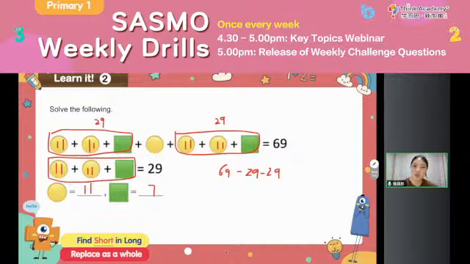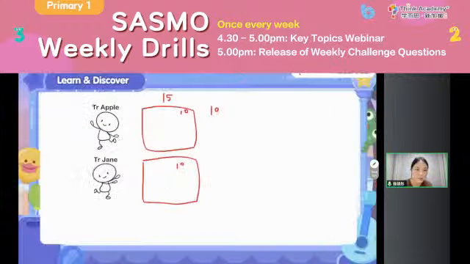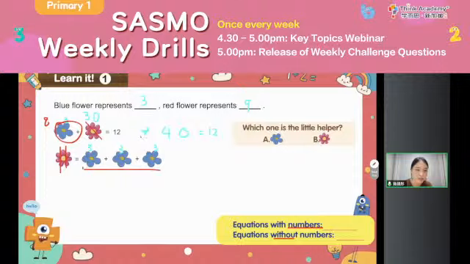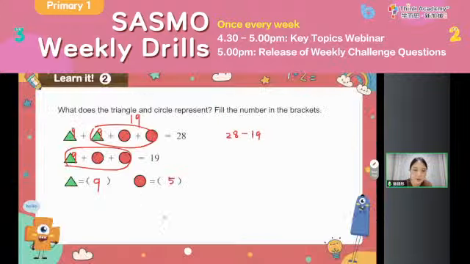So sometimes we can replace them with the help of a little helper. For example, like this, we just use 1 red flower to represent 3 blue flowers, and sometimes we can replace them as a group. Imagine them as a set, like the burger and the juice. So that will help us to make the equation become one with only one type of shape. That will help us a lot, right?